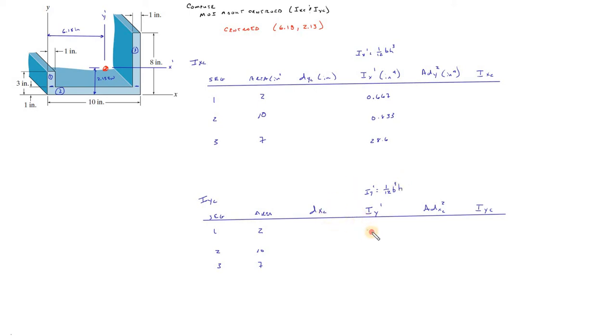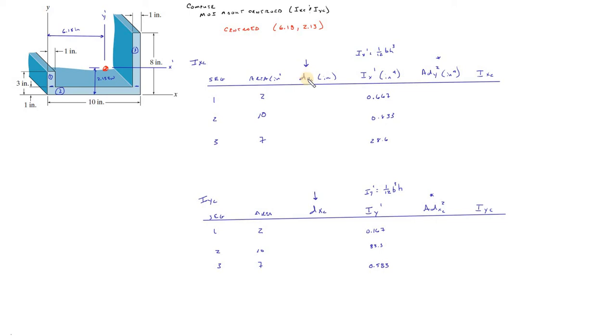So our Iy prime is 0.167, 83.3, and 0.583. Now, this is what changes on these problems, and of course then it's going to change my A dy squared and A dx squared. So let's take a look at that.